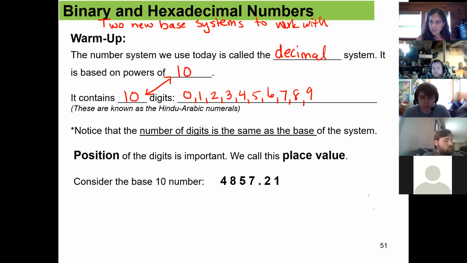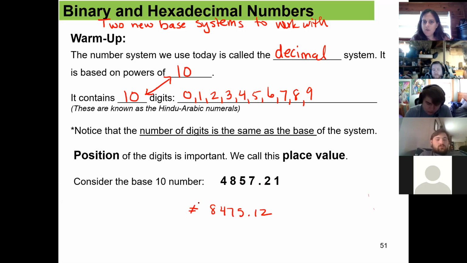So position of the digits is very important. We know this in our own math system, and we call it the place value. I'm still in base 10 right now, in our normal system that we use in the US on a regular basis. I have the number 4857.21. You know that I cannot switch these digits. If I wrote this as 8475.12, they have the same digits, but this is not the same number.